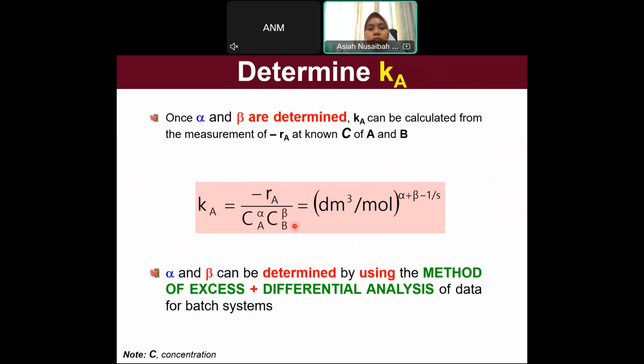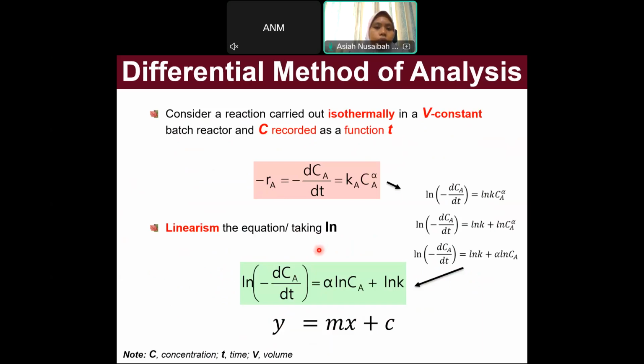So at one set of reactions where we know the minus rA value, the concentration of A, and the concentration of B, we put them into the equation and we're going to find kA. Hence, we can rewrite the rate law, as we know the values of kA, alpha, and beta. Okay, just now we skipped the differential method.